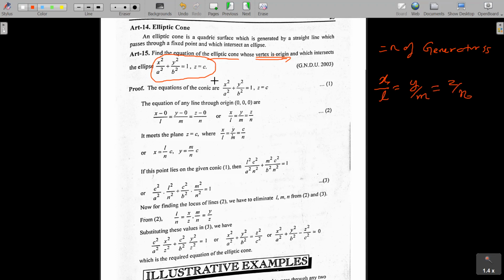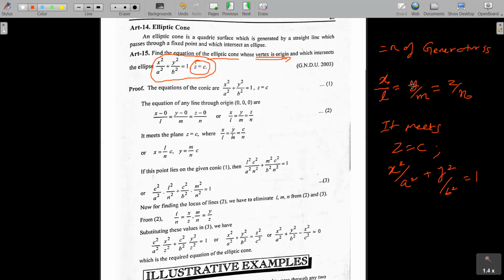Now what is given to me? That the guiding curve has z is equal to c, right? So it meets z is equal to c and x square upon a square plus y square upon b square is equal to 1. Right?